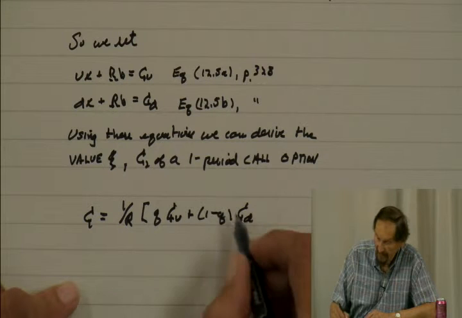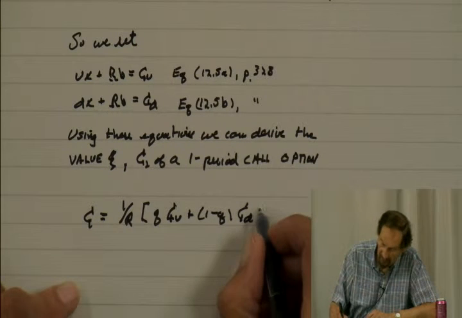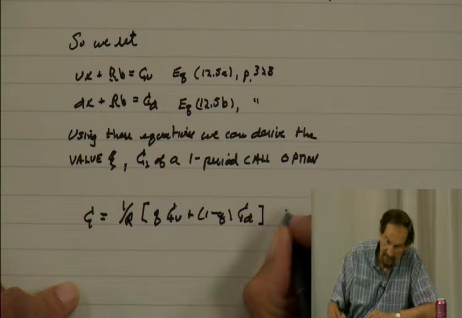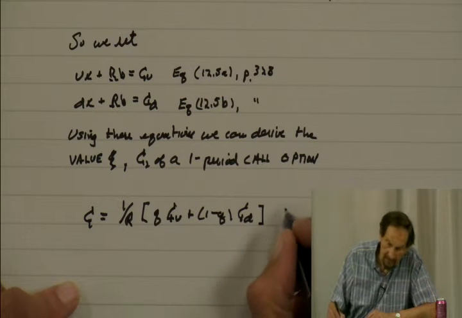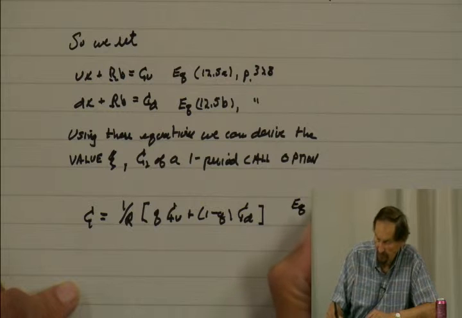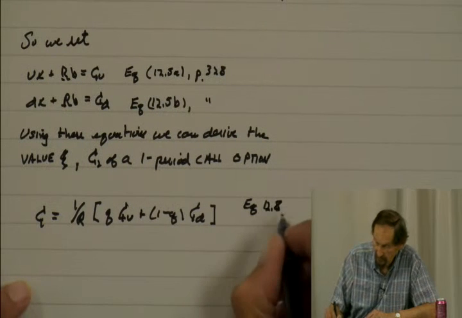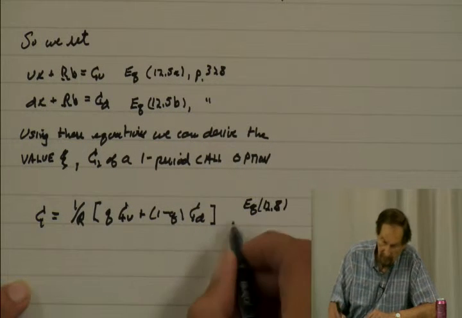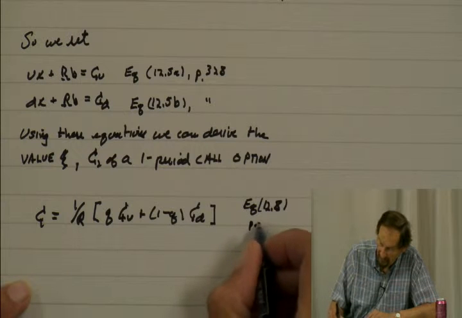Okay, so we have C up and C down. And this is equation 12.8, page 329.